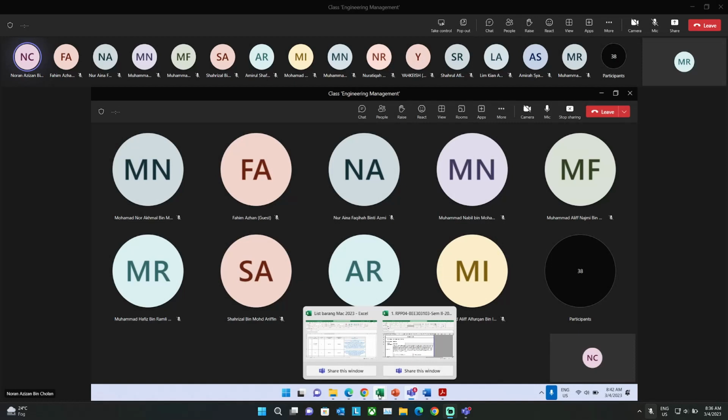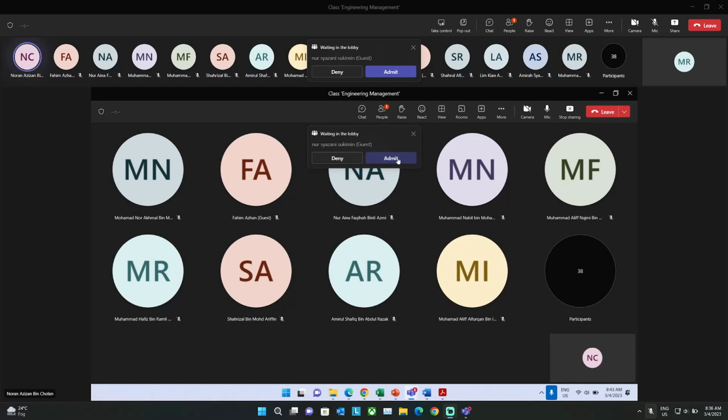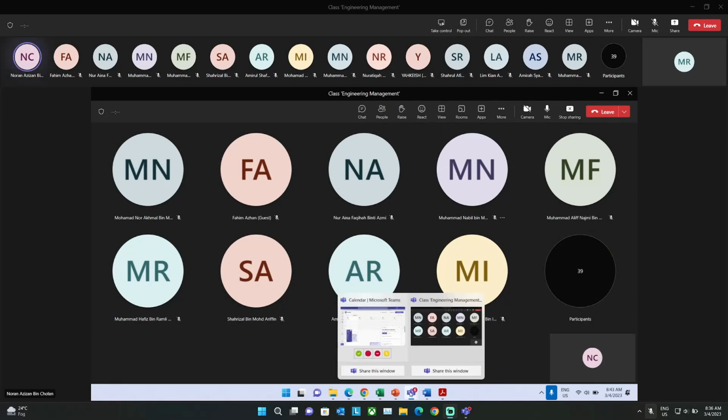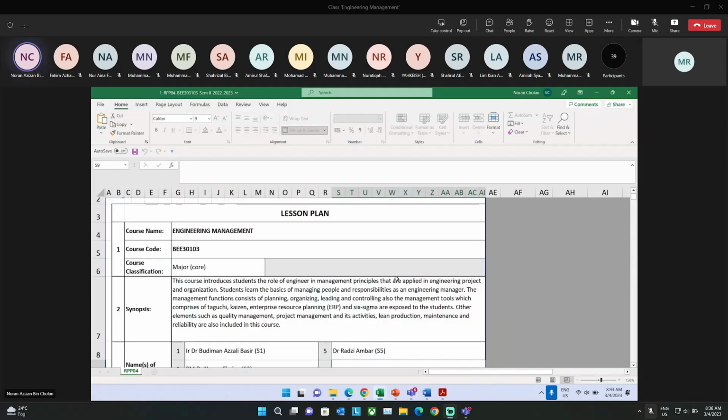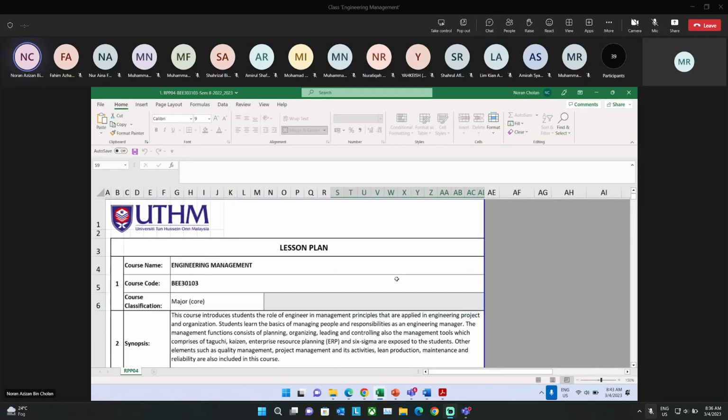But don't worry, I think this subject is not very technical, like engineering courses, for example mathematics or electromagnetics. But it is very important. So we go to the lesson plan.